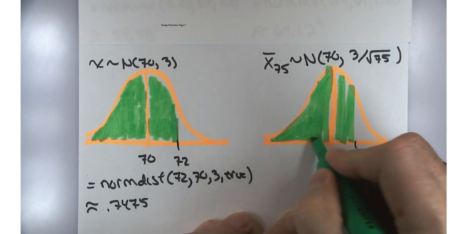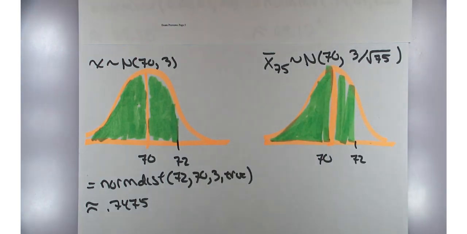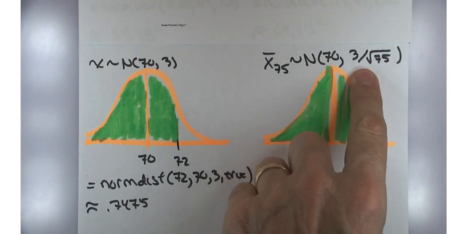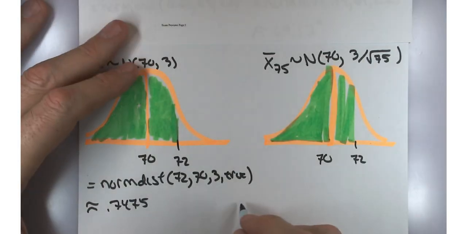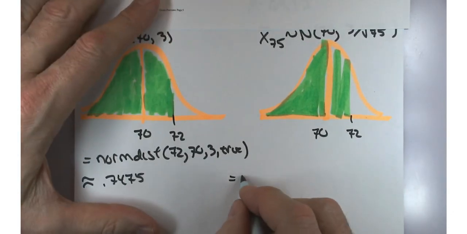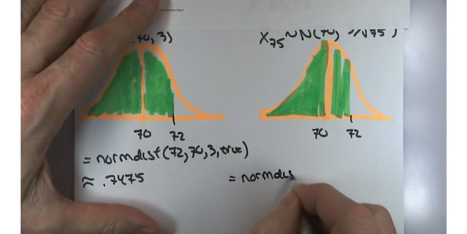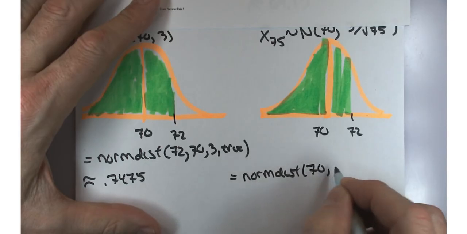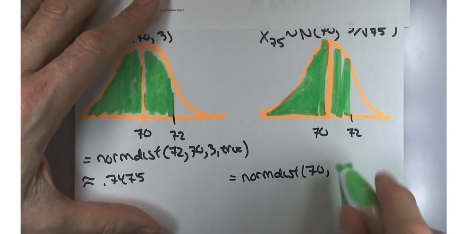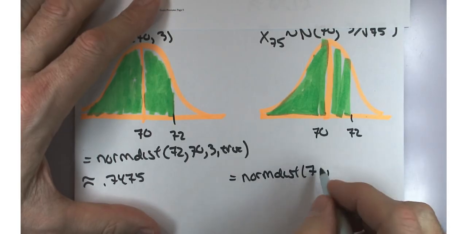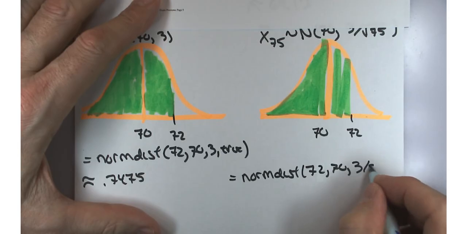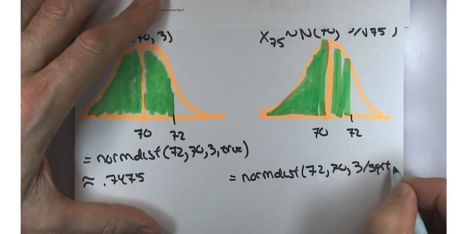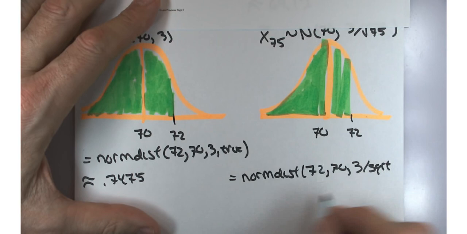Now, if you want to, you can do one of two things. You can either just take out your calculator and get a numerical value for that, or you could let Google Sheets do that for you, and you would do that by using norm distribution of 72, then 70, and 3 over the square root of 75, comma true.